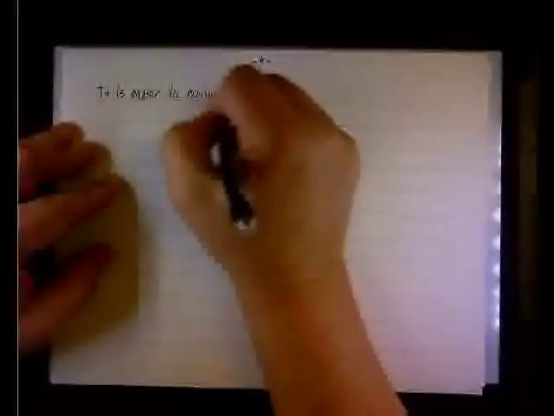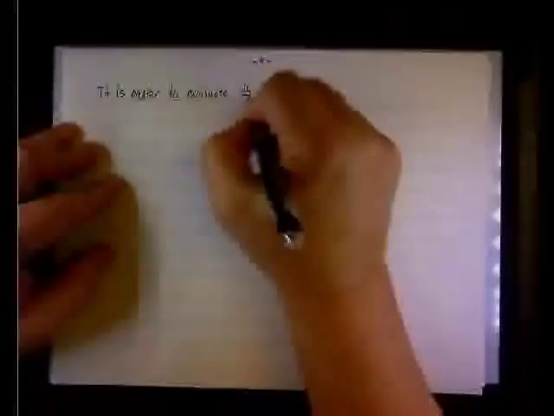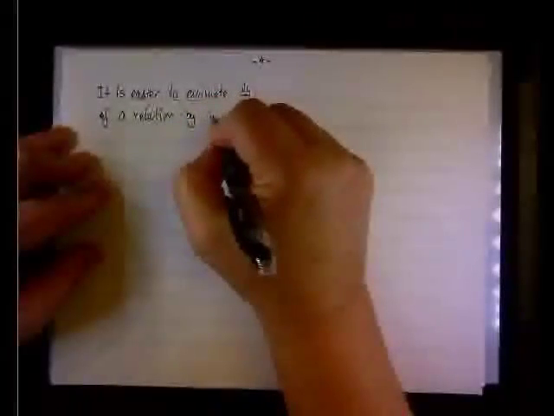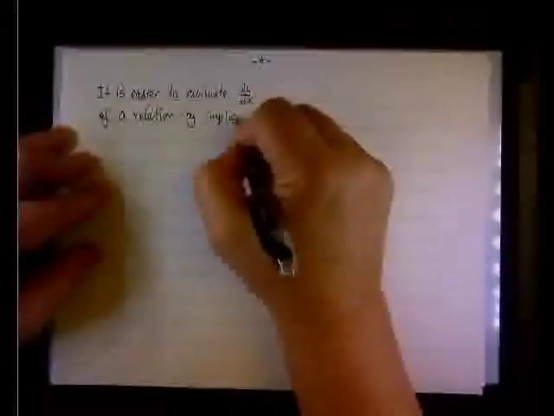So here it comes on page, this will be already page 4. Okay, it is easier, as I said, it is easier to find or to evaluate dy dx of a relation by something we call implicit differentiation.